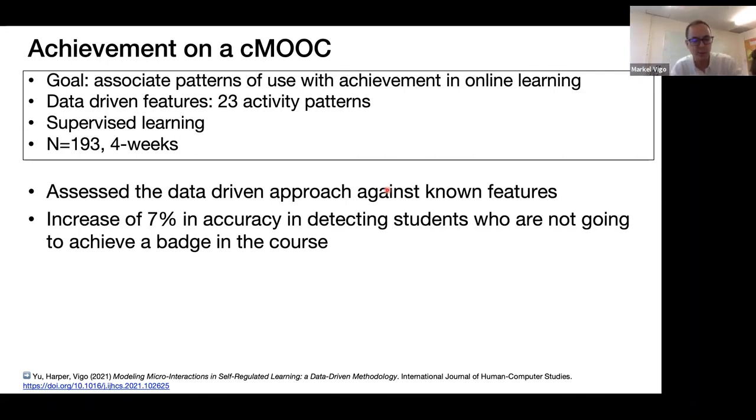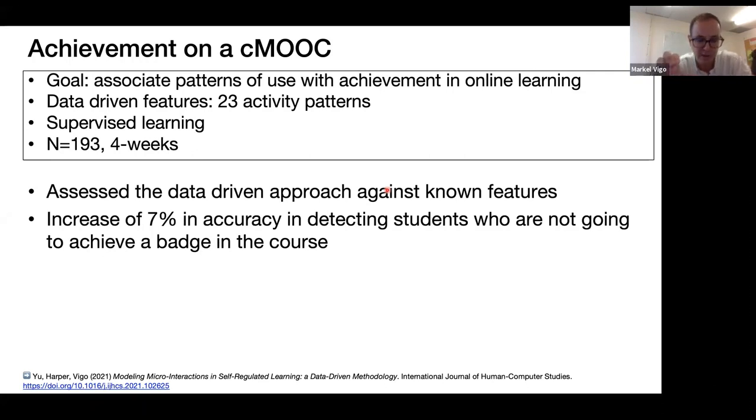We compared the added value of these low-level patterns against the known, higher-level ones. By using this low-level approach, we could increase accuracy by 7% in detecting whether students were not going to achieve a badge in the course.